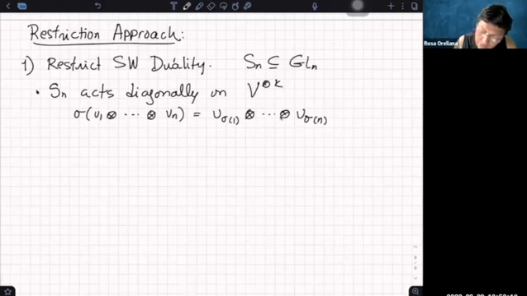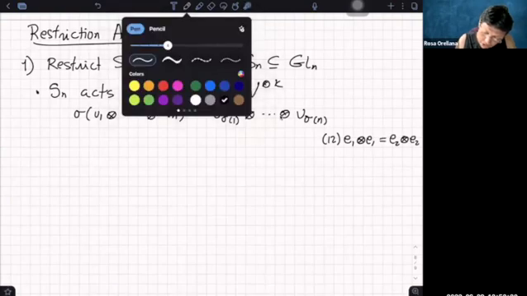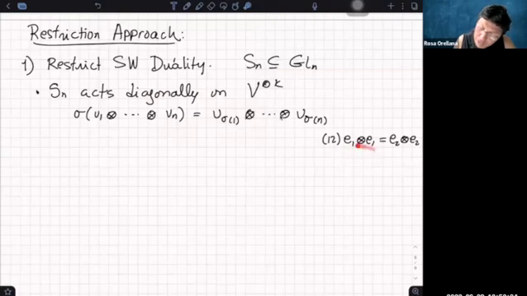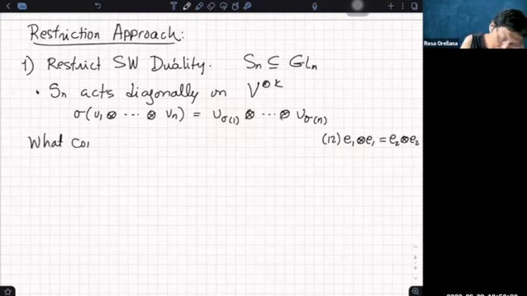For example, if you had the permutation (1 2) acting on the standard vectors e1 tensor e1, it would map it to e2 tensor e2, while the permutation of factors would leave it invariant. So it's a different action, the diagonal action. And then you ask what commutes with this action, because you want to figure out what the centralizer is.